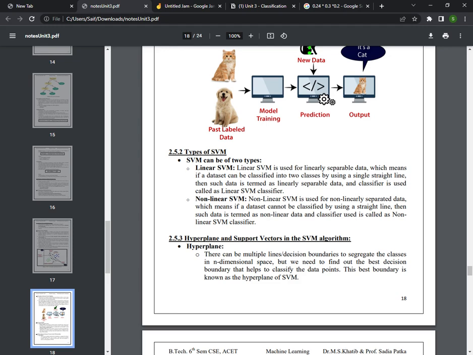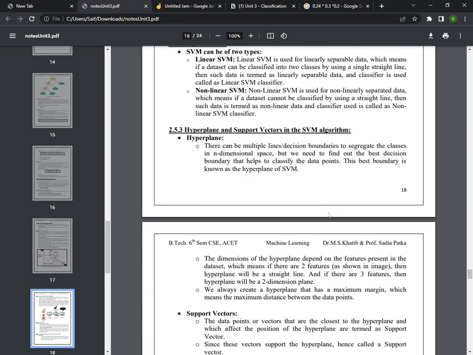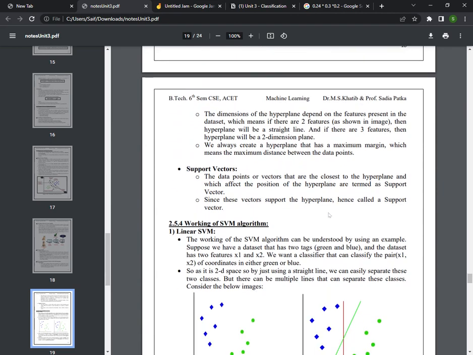Non-linear SVM is used for non-linearly separable data, which means if the dataset cannot be classified by using a straight line, then such data is termed non-linear data, and the classifier used is a non-linear SVM classifier. Very easy concept.